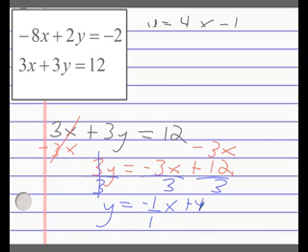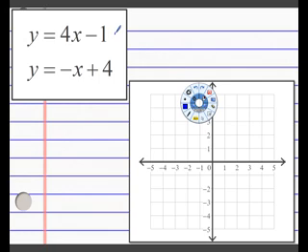So now I have my two equations ready to be graphed. I've got y equals 4x minus 1 and y equals negative x plus 4. So we'll use blue for our top equation.